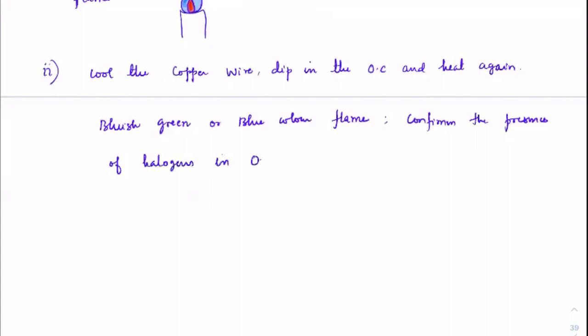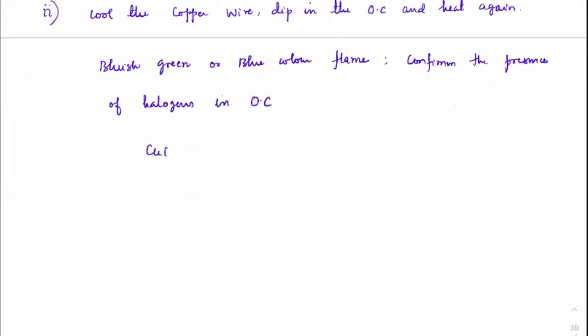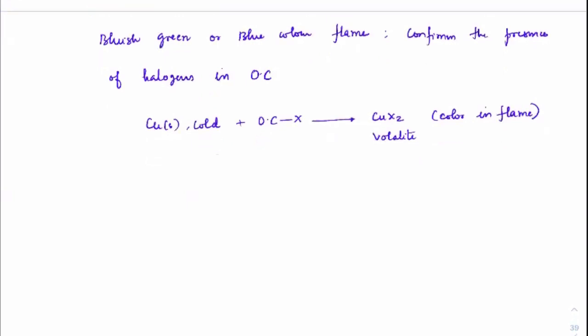in the organic compound. Correct. Once the copper loop has become cold, you add it to an organic compound which contains halides. This would give us CuX2, which is volatile and gives color in the flame.